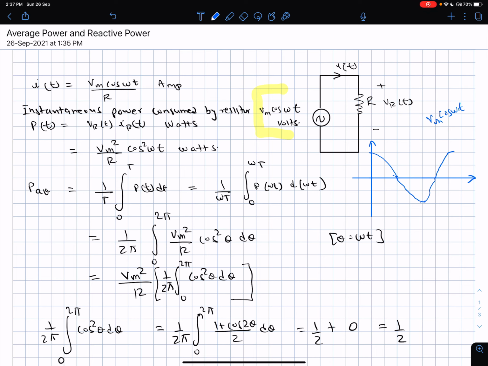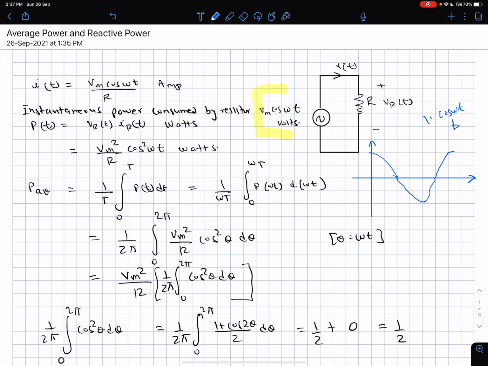Now I am going to draw something. Vm square by R is just a scaling factor, so we will assume that the constants are unity. We are more interested in the behavior of cos square of omega t. So let's say that our signal was 1 cos omega t, for the sake of description.